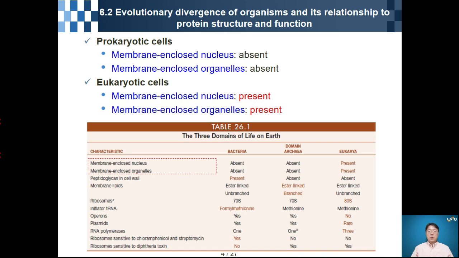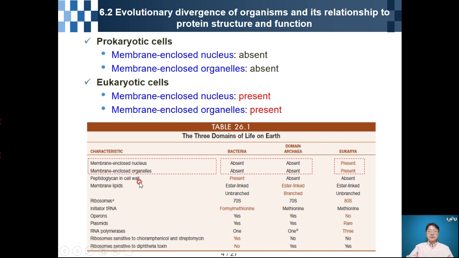For example, in prokaryotic cells, the membrane-enclosed nucleus is absent, and membrane-enclosed organelles are also absent. However, in eukaryotic cells, the membrane-enclosed nucleus is present, and the membrane-enclosed organelles are also present.